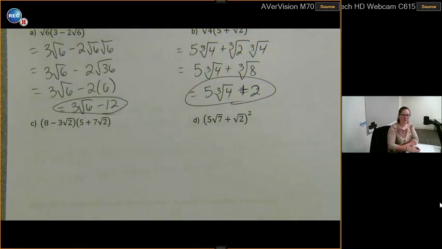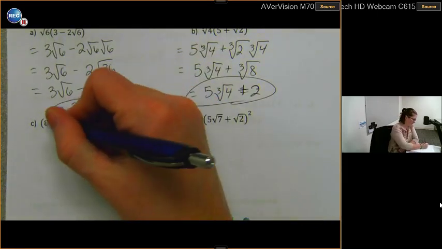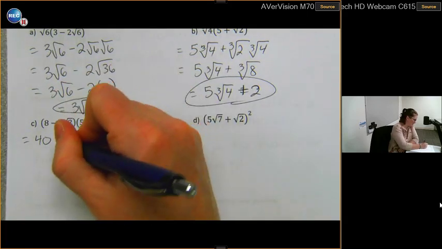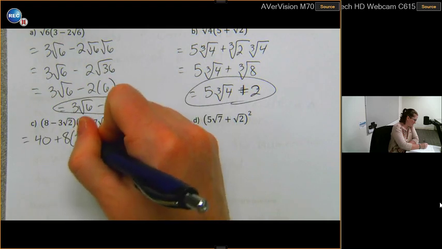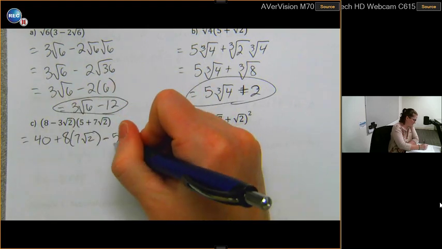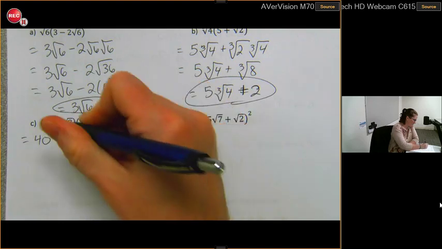Part C, we get into a FOIL problem. So I'm going to multiply first, outer 8 times 7 square root of 2, inner, and last.